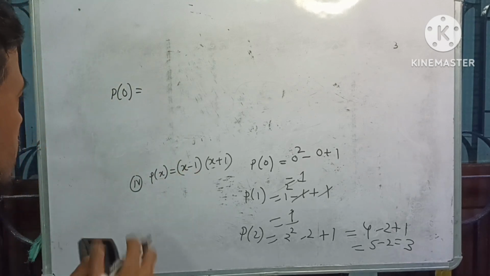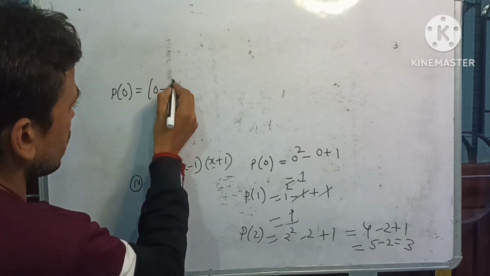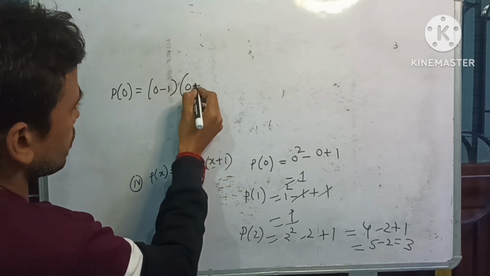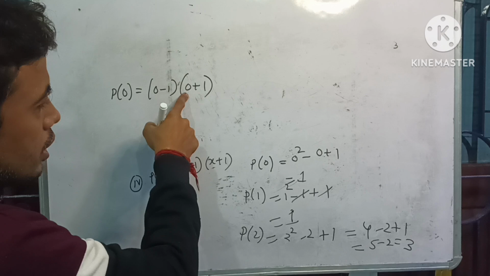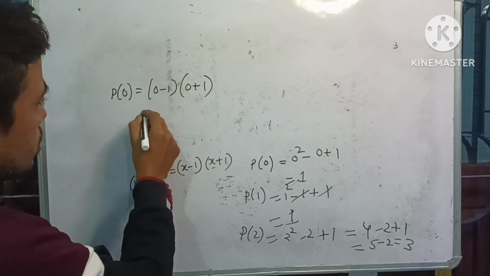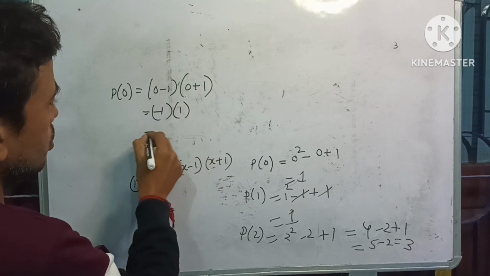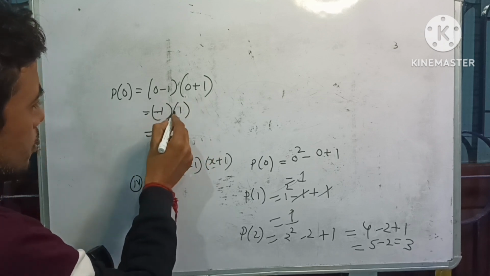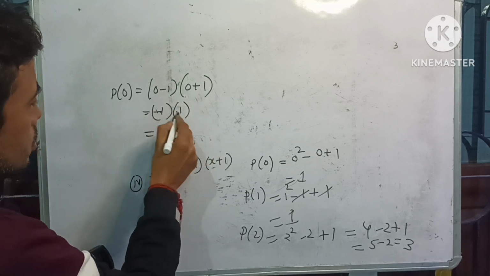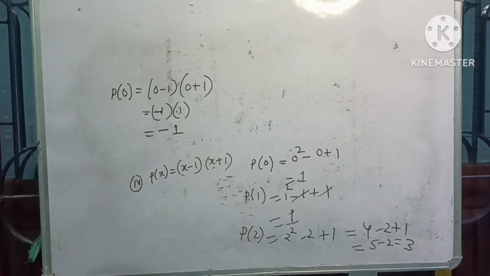So x minus 1, that means 0 minus 1, x plus 1, that means 0 plus 1. X is replaced by 0. So 0 minus 1 means minus 1, 0 plus 1 is 1. So minus into plus is minus, minus 1 into 1, 1.